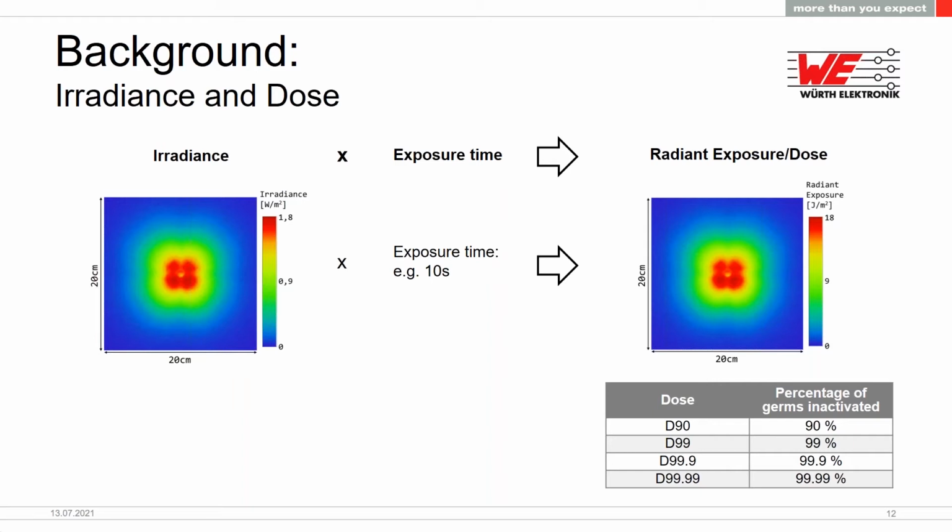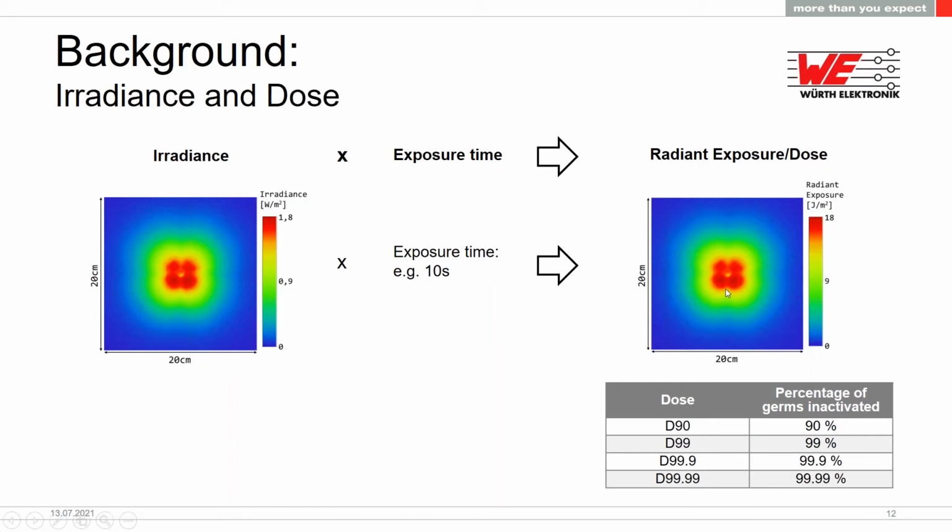So for example, if you have a model germ, some bacterium, which has a D90 dose of, for example, 18 joules per square meter, then if you have a system with this irradiance and 10 seconds of exposure time, you get a radiant exposure of 18 joules per square meter everywhere in this red area.